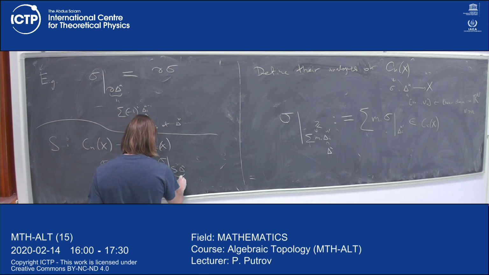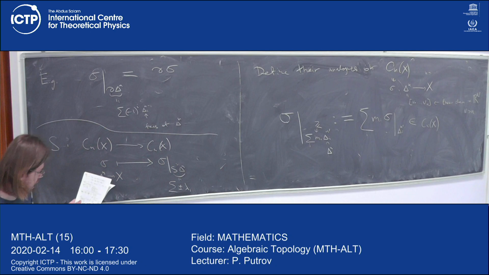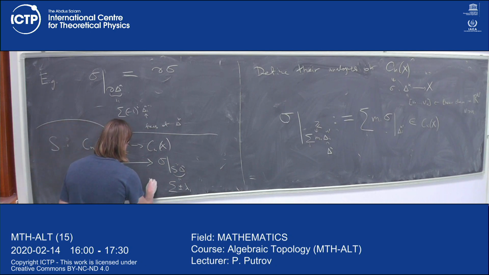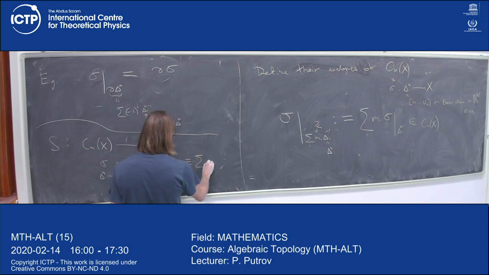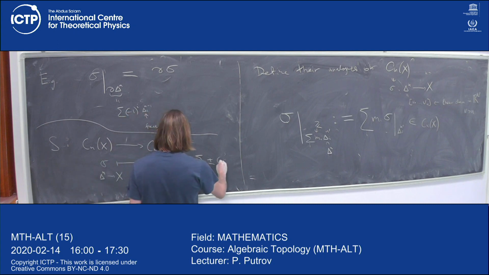And this we know is the sum of the following form, sum of plus minus λ_i, where the λ_i's are in the barycentric subdivision of Δn. And this is, by convention, the same as plus minus the sum of σ restricted to this λ_i.